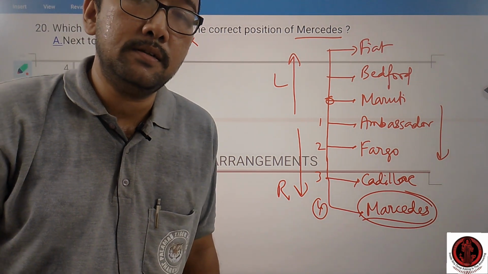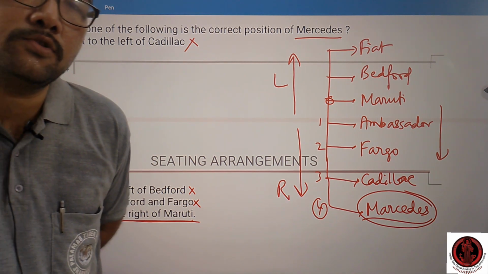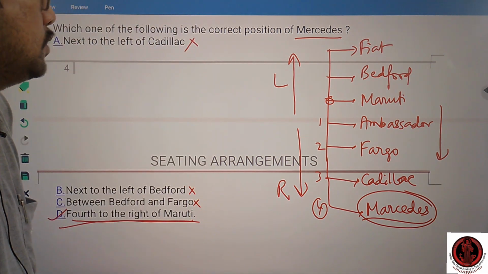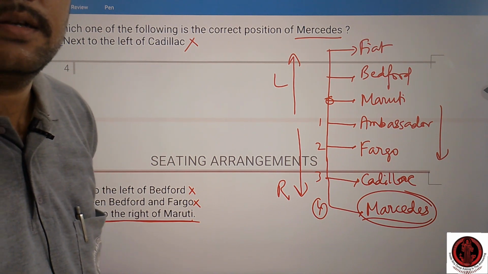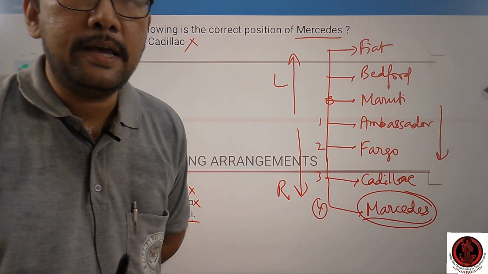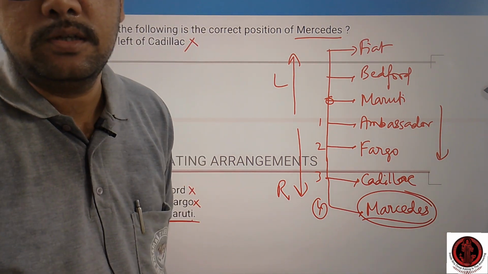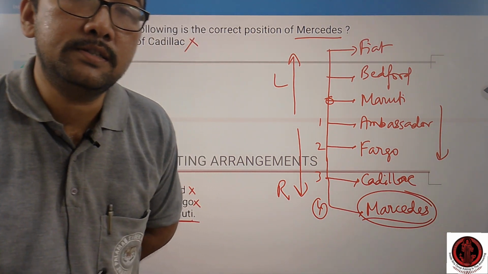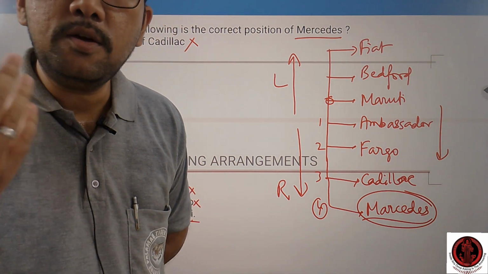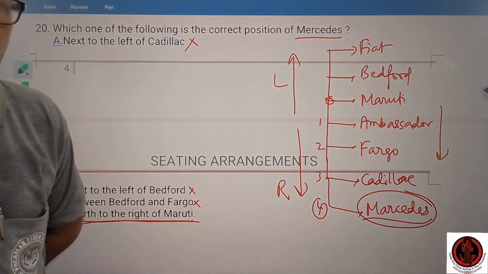So in case of sitting arrangement, first you have to draw the diagram based on the given statements. First draw the statement which is actually sure, the actual correct position. You can understand that from the statements. Then draw the other statements.